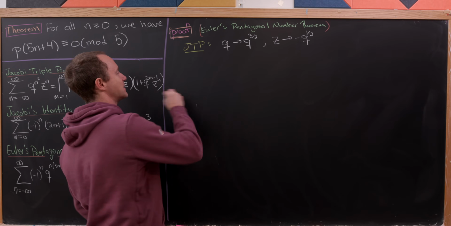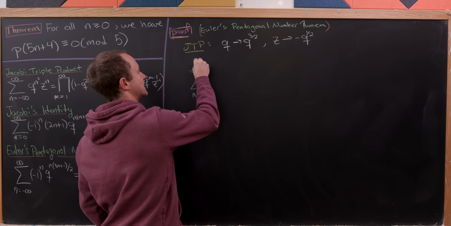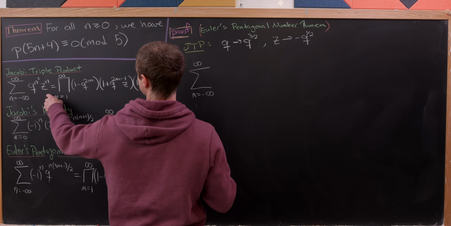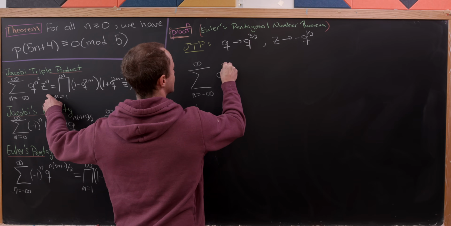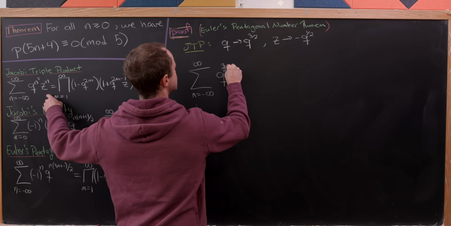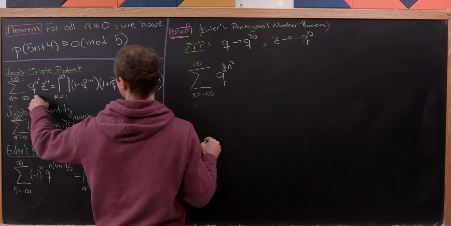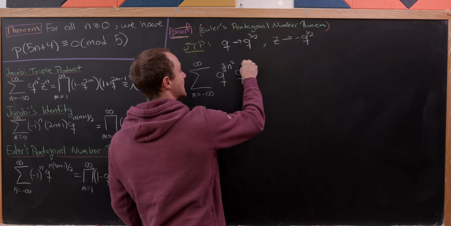Now let's see what happens on the left-hand side. So we're going to have the sum as n goes from minus infinity to infinity. Let's just look at this over here. So we're going to have q to the 3/2 times n squared. So that's what's going to happen right here. And then for this term right here, we're going to have q to the n/2.